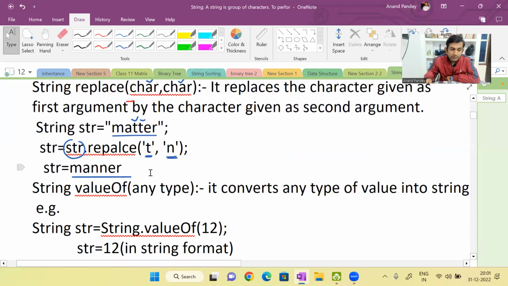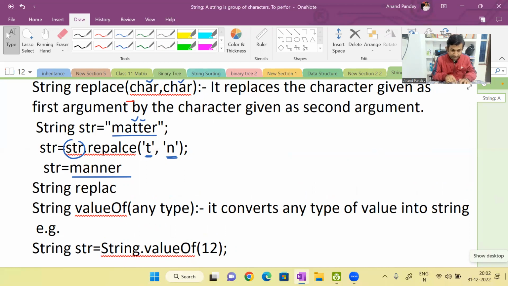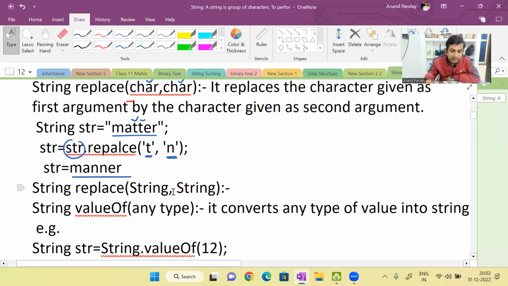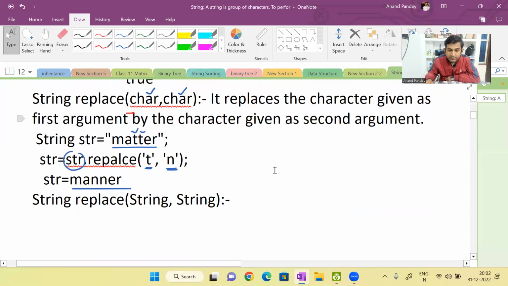Okay. One more function of replace, I'm going to tell you. This string replace, string comma string. So it is also the same. You can see instead of replacing a character, this function will replace a string.